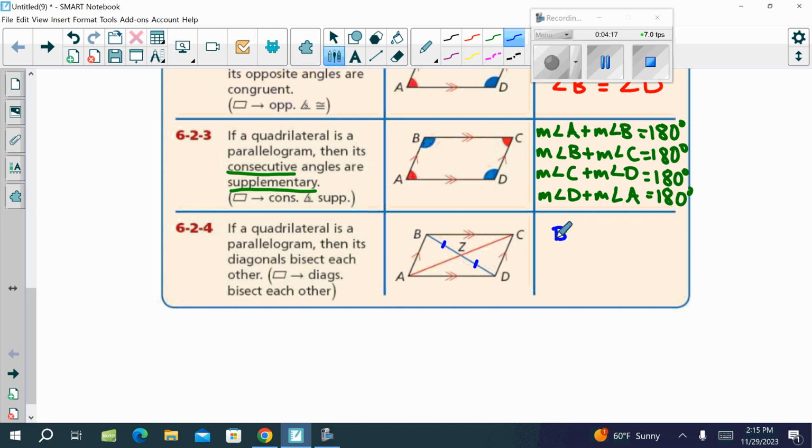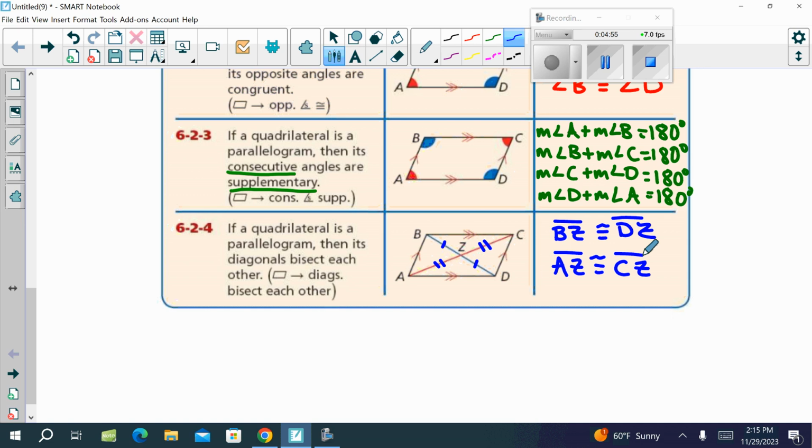So BZ is congruent to DZ. And then vice versa, we can say AC is also cut in half. So we can put 2 tick marks on that diagonal. So we can say AZ is congruent to CZ. And that's property 4. Any questions?